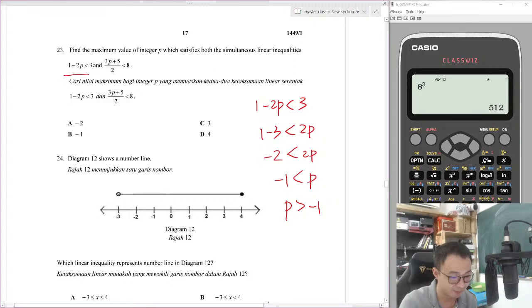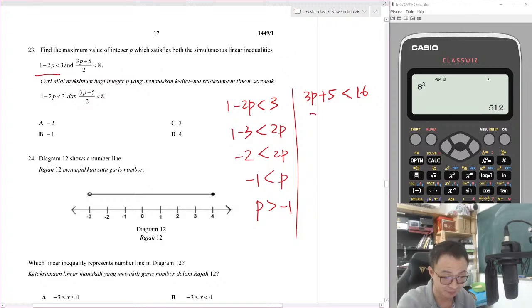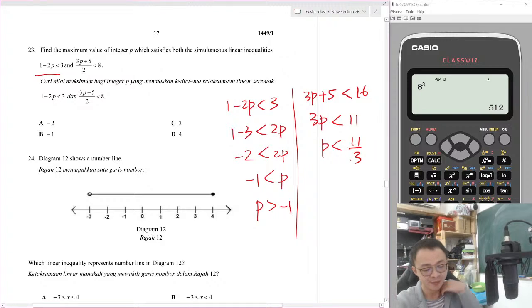This one is 3p plus 5 less than 16, so p is less than 11 over 3. Alright, so bigger than negative 1, we don't need to care about this one.